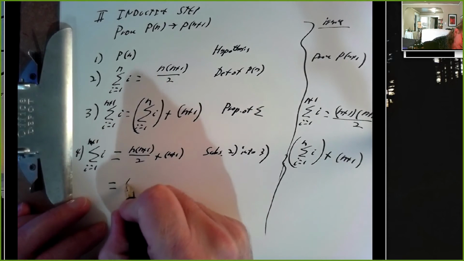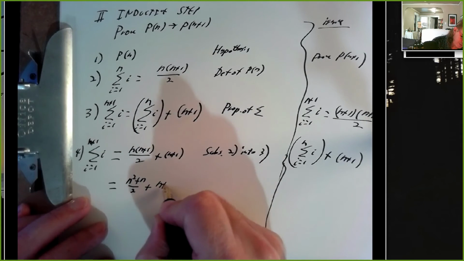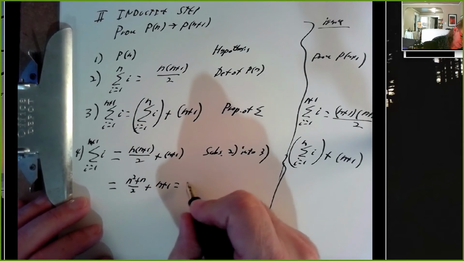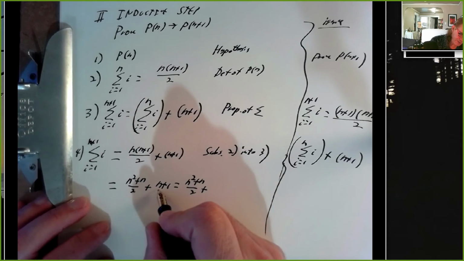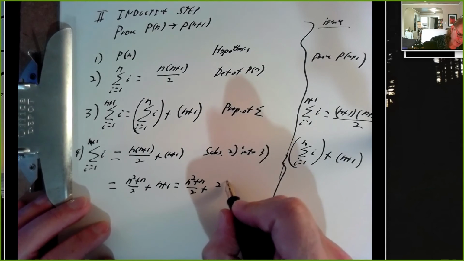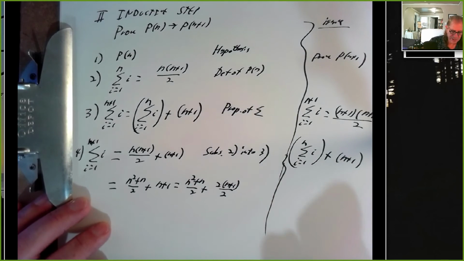I'm going to say this is n squared plus n over 2 plus n plus 1, which is equal to n squared plus n over 2 plus, and I'm going to rewrite n plus 1 as 2 times n plus 1 over 2. So I'm putting in a common denominator here.